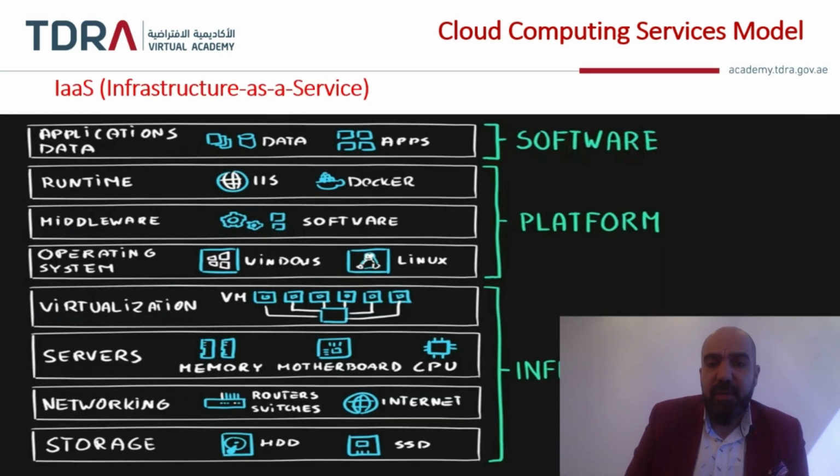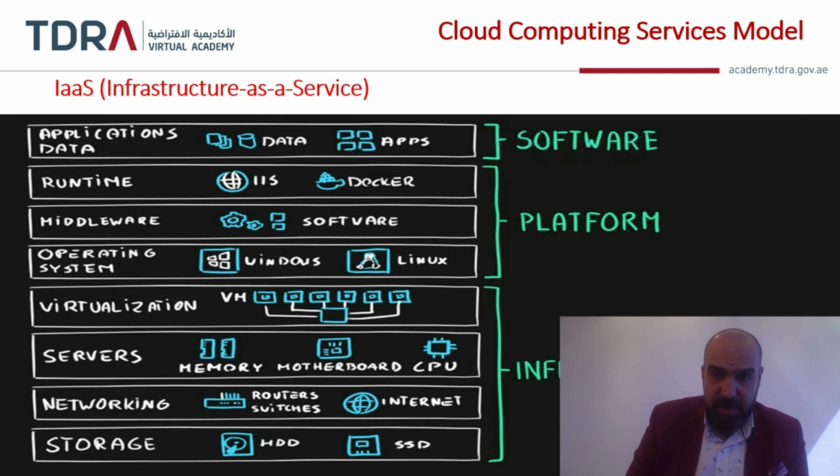So, infrastructure as a service here. What is the infrastructure? It's the storage, even your storage, whether the hard disk that you have and what type of storage, whether it is NAS or SAN, depends on that. Networking from the internet, the router, the gateway that you have, servers, memory, motherboard, CPU, GPU, and virtualization, the VMs that you have.